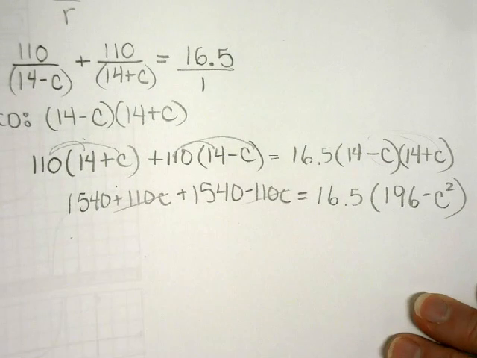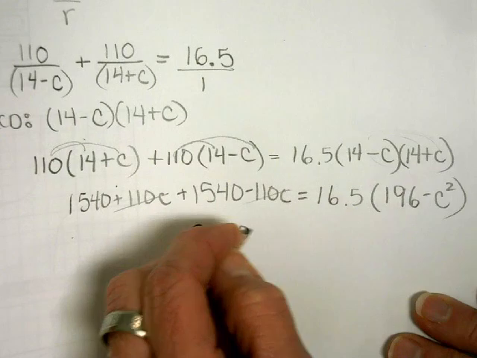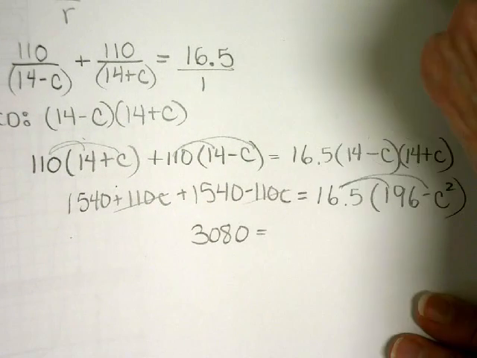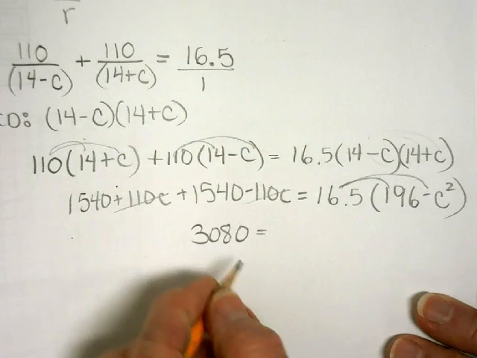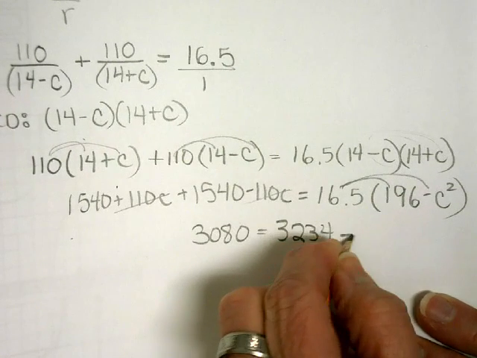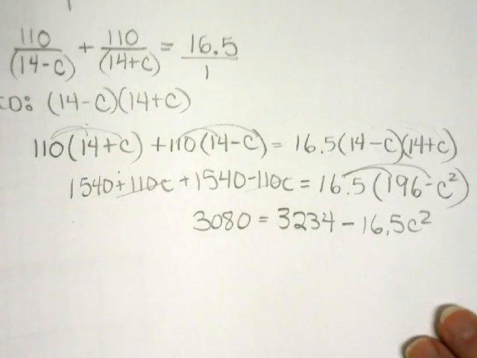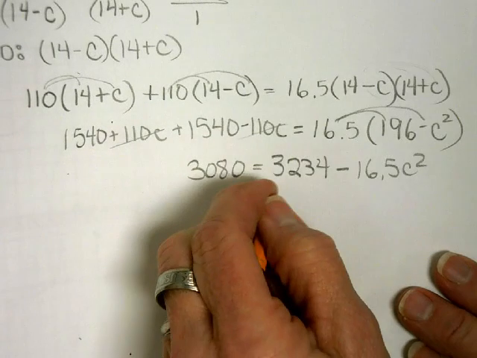So 1540 doubled gives me 3080. 110C minus 110C disappears. So I have 3080 equals, then I get to distribute 16.5 times 196, 3234 minus 16.5C squared.